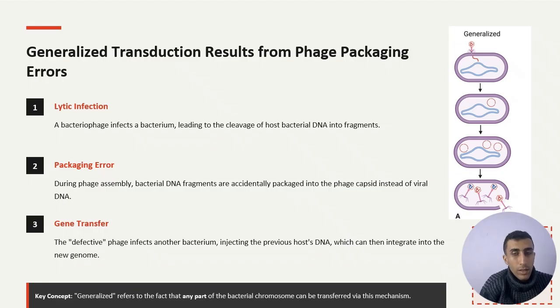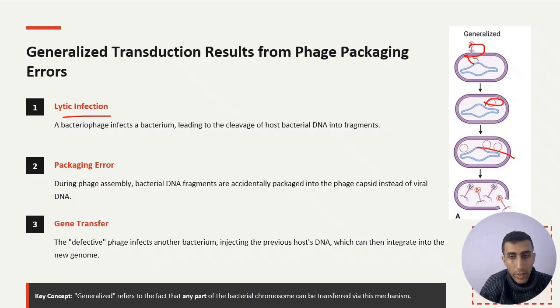Next, another method by which the exchange of genetic material happens is through the phage. The phage goes through multiple cycles. First, there is a lytic infection, so the bacteriophage infects the bacterium and inserts its genetic material, and eventually there is lysis.